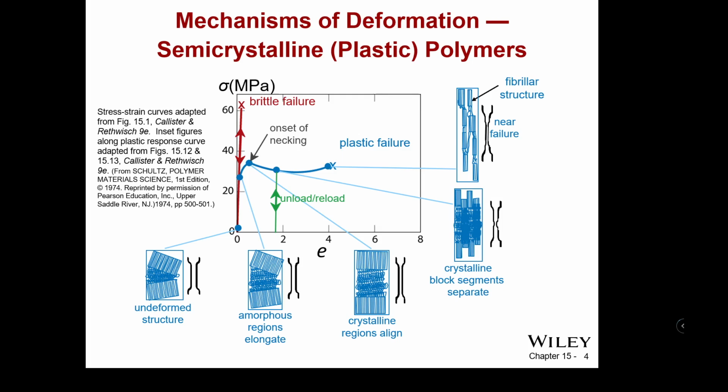So it's starting out undeformed. There's a lot of chaos and lack of arrangement. There's the amorphous and crystalline regions, and as they load, they stretch and align, then they start to separate, and so the monofilament is going to be in this kind of region.